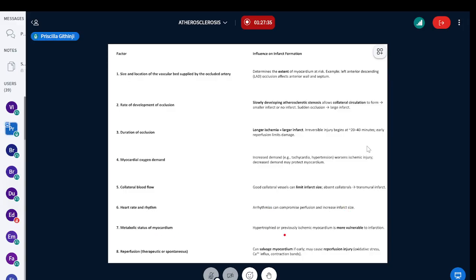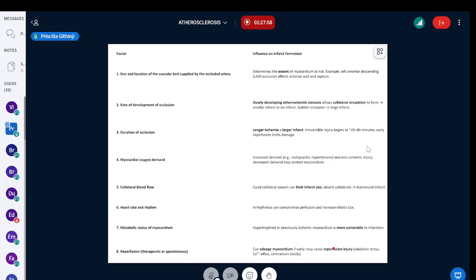If you have a hypertrophied myocardium, or a previously ischemic myocardium, these are more vulnerable to new infarction. You'll learn this especially in hypertensive heart disease, which is your next lecture. And then reperfusion, whether it's therapeutic or spontaneous, can salvage the injury.